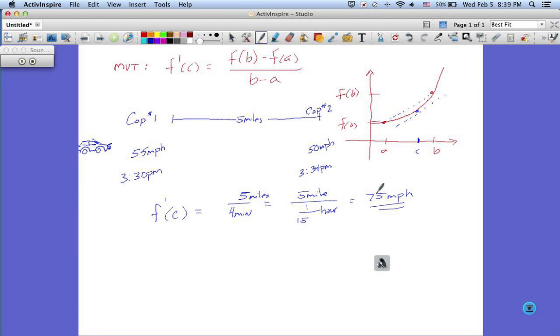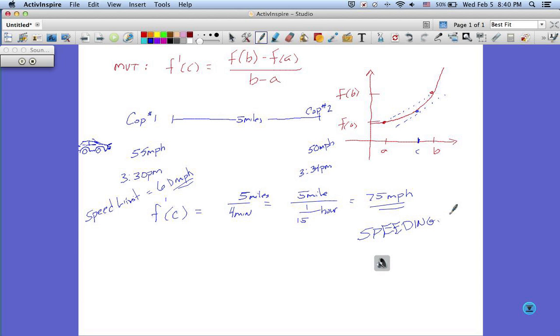But the mean value theorem guarantees us that he was going at least 75 miles an hour at some point in order to achieve that average. And since the speed limit was only 60 miles per hour, boom, we can write this guy a ticket. He is speeding, and he is in trouble.